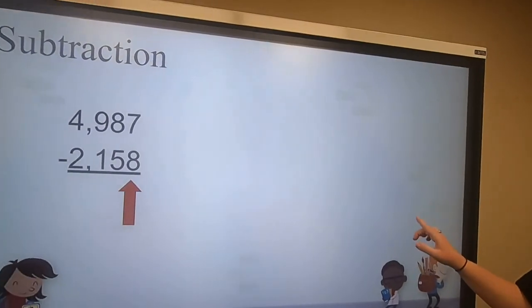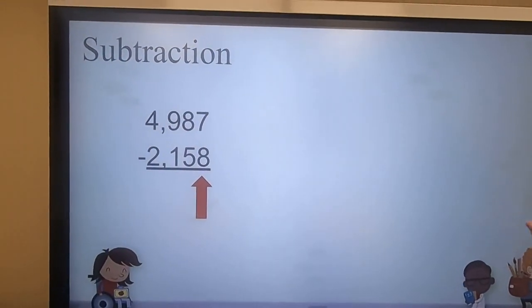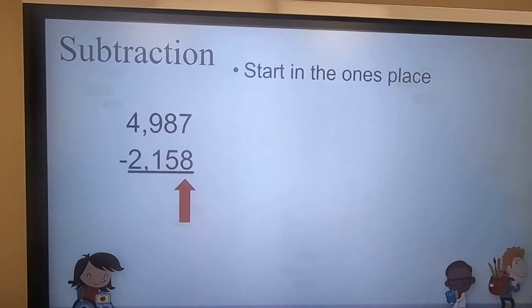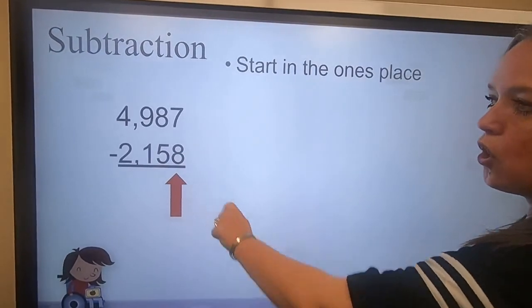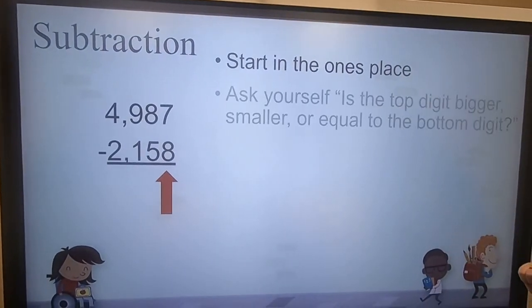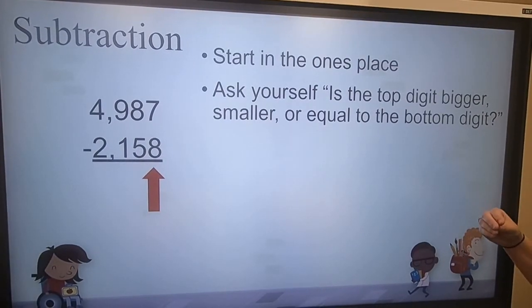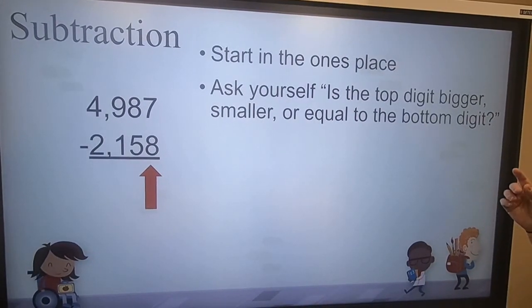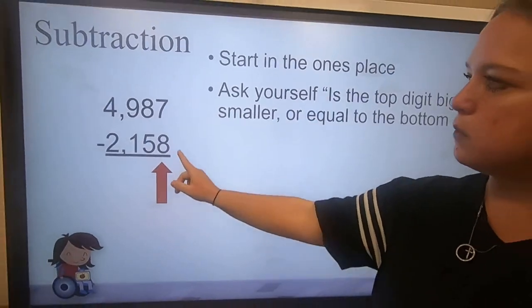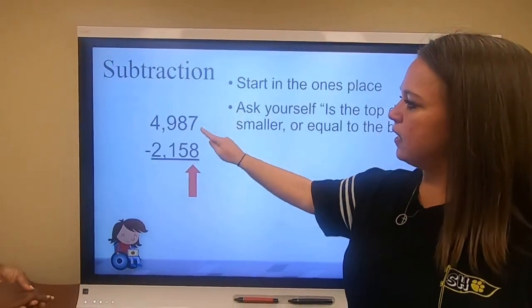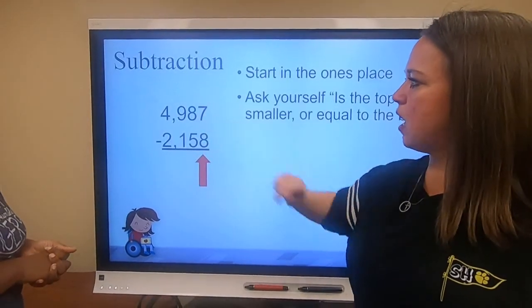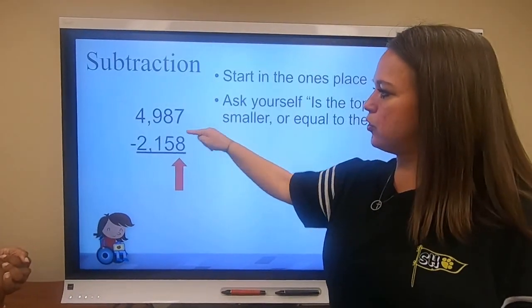Okay, so here's a sample subtraction problem. And we have this arrow here. So just like addition, we start in our ones place. And then you would ask yourself, is the top digit bigger, smaller, or equal to the bottom digit? So here in my ones place, Miss Bethay, I have 7 minus 8. So is my top digit bigger, smaller, or equal to my bottom digit?